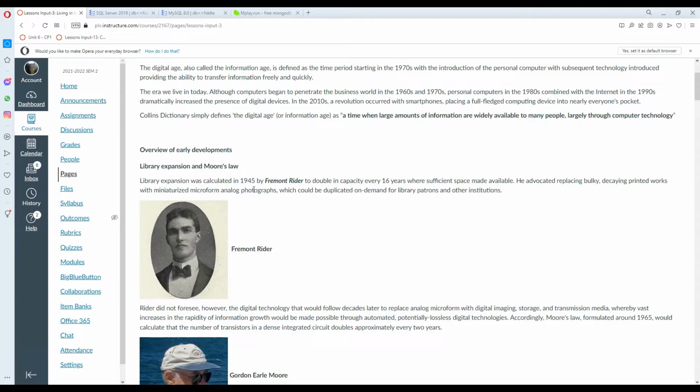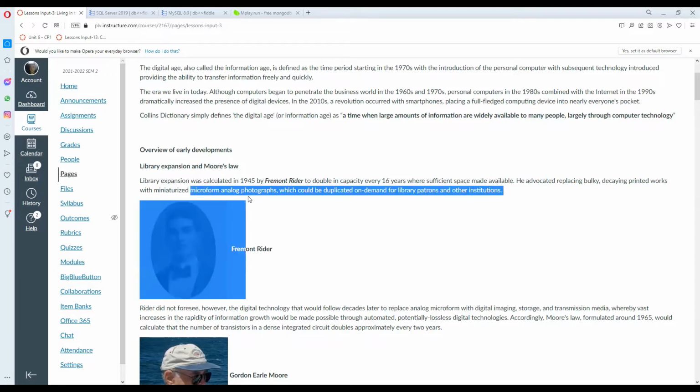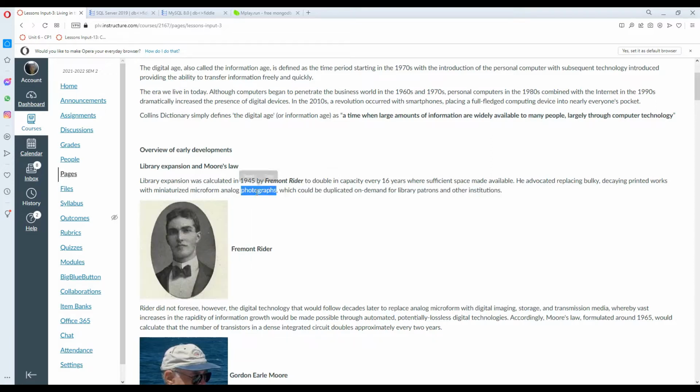This looks like a film for the analog camera, which is like an acetate. The printed material is embedded or photographed in there. So that is what a microform analog photograph looks like.